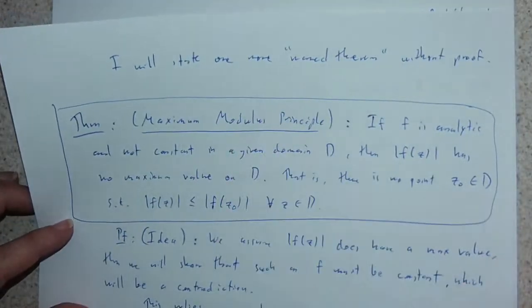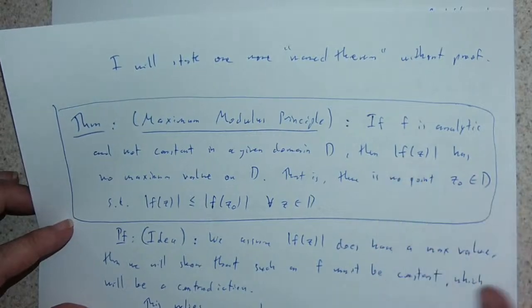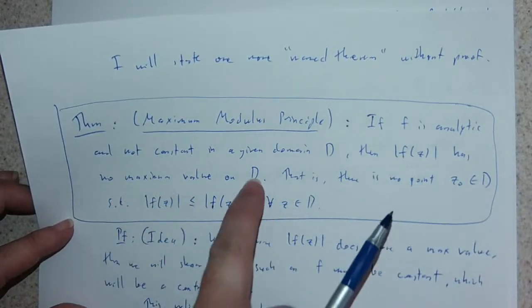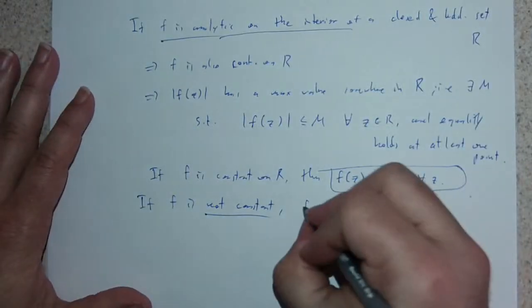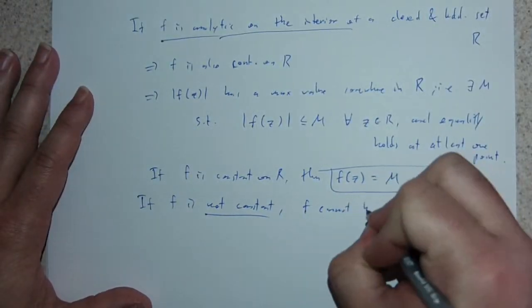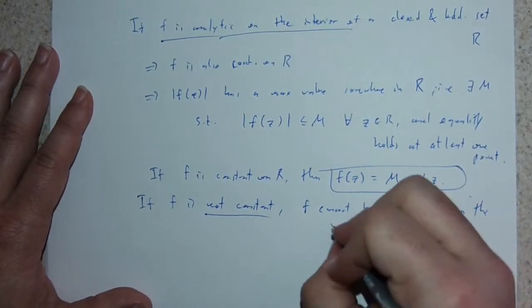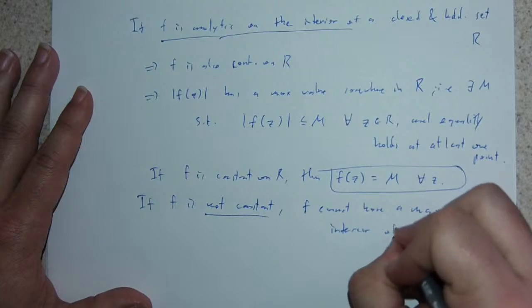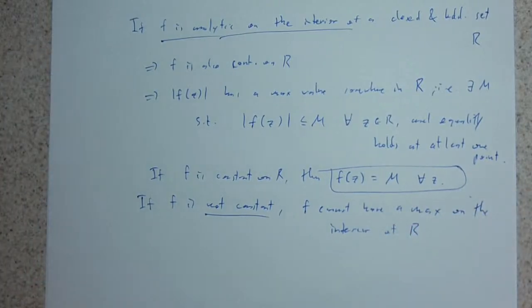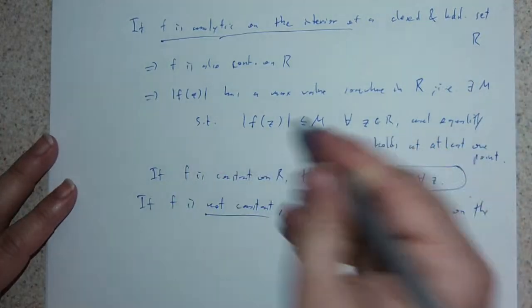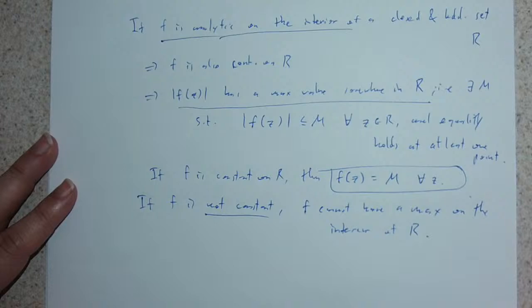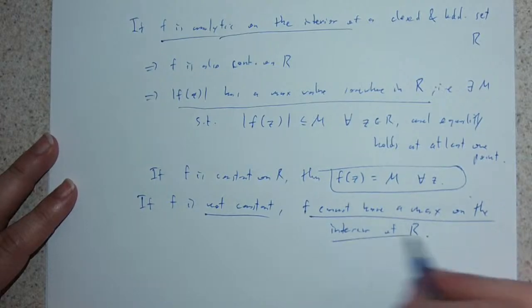By the maximum modulus principle, the modulus of f cannot have a maximum value on this domain, which is the interior of R. f cannot have a max on the interior of R. So what did we just show? It has to have a max value on R, but it cannot have a max value on the interior of R.